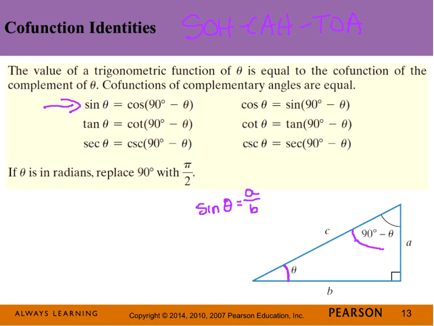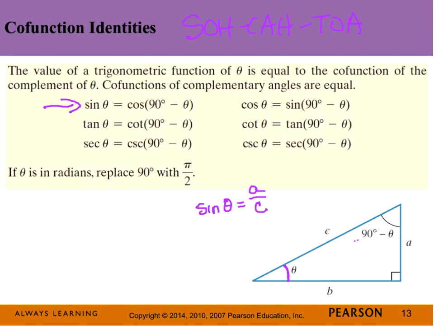Hello, Alicia? You said the sine is opposite of the adjacent? I thought it was the hypotenuse. Am I backwards? Oh, I'm sorry. Yes, the hypotenuse. Thank you for stopping me. I appreciate you jumping in there, Alicia. I thought you had accidentally hit your microphone and we were about to hear something we weren't supposed to hear. So sine is opposite over hypotenuse, which in this case is A over C. And that's for theta.